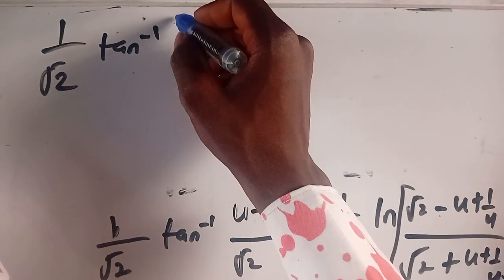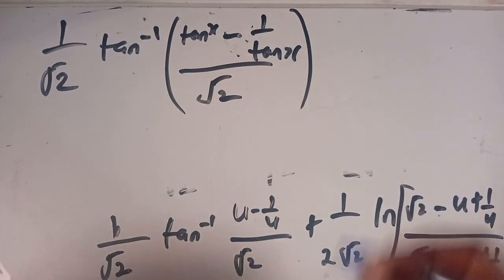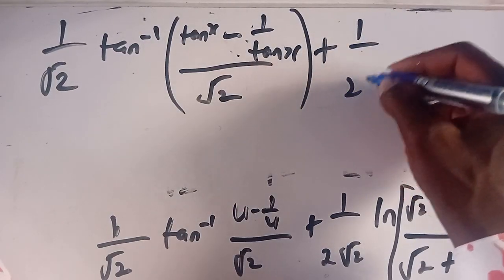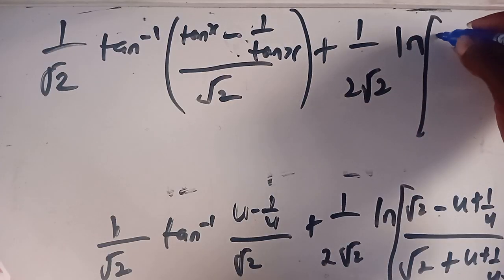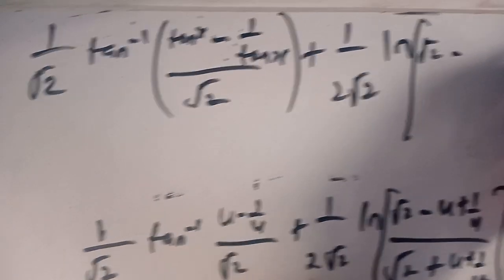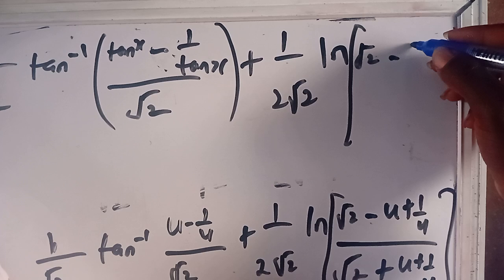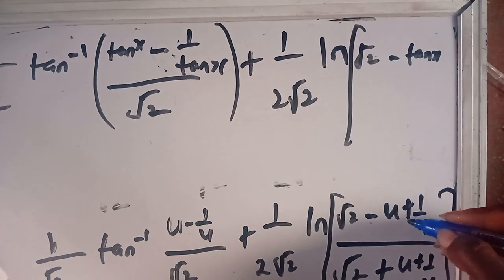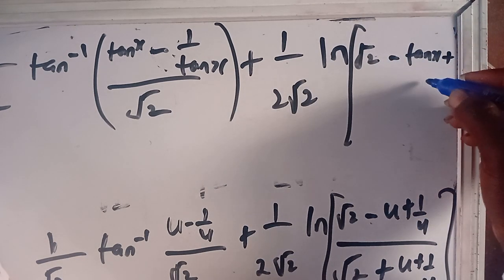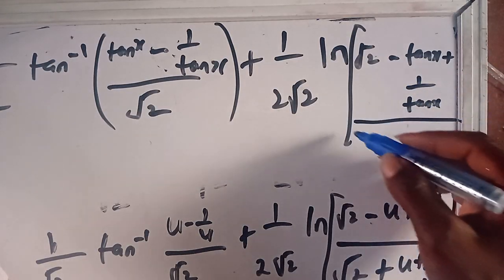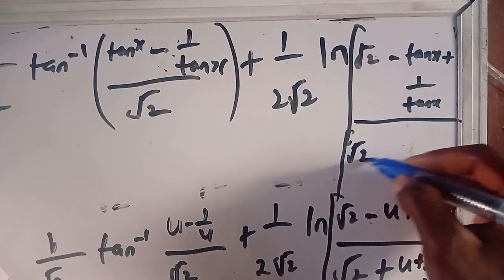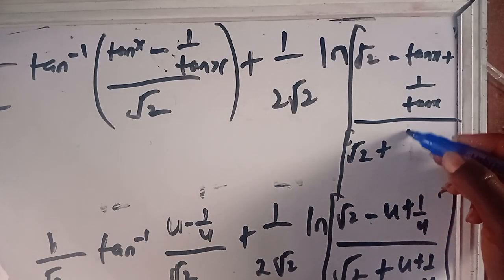Tan inverse of this. Plus 1 over 2 root 2 ln of root 2 minus u, what's our u? Tan x plus 1 over tan x divided by root 2 plus u.